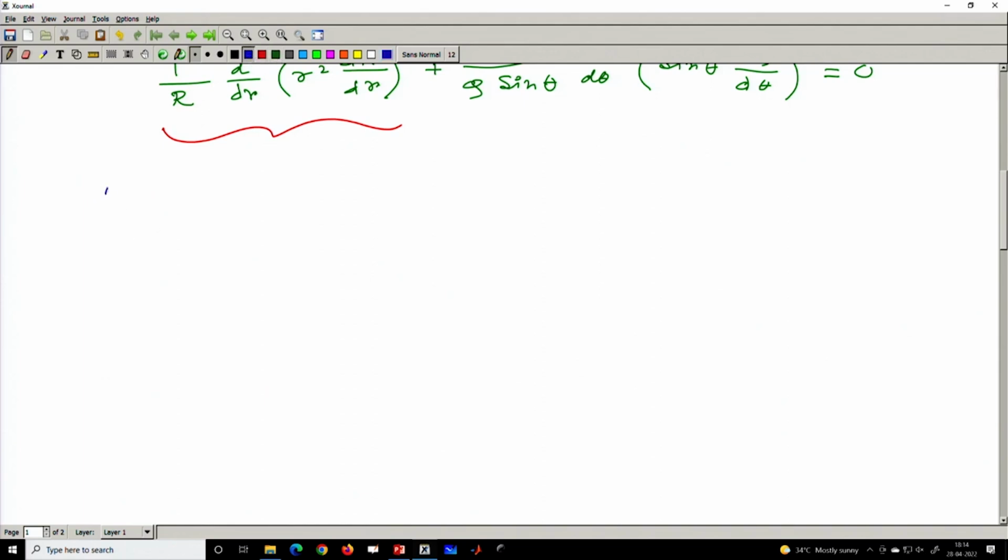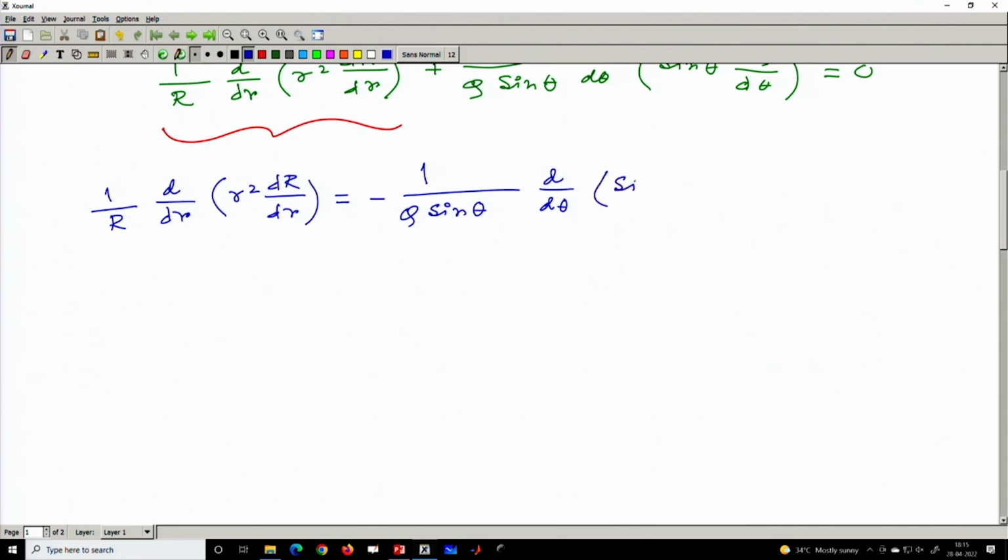So I can write it as 1 by R, d dr of r square dR dr, equal to minus 1 by Q sin theta, d d theta of sin theta dQ d theta.